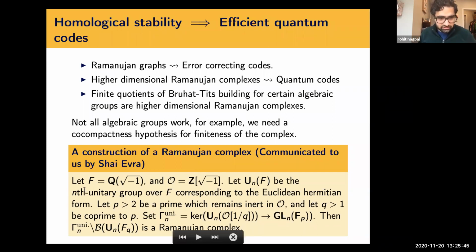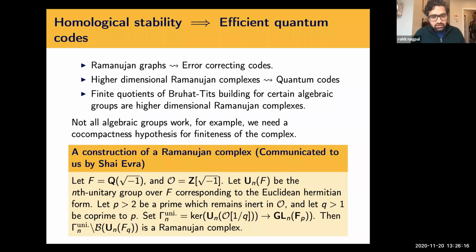So here is what you do to construct a specific Ramanujan complex. You take the field F, which is the field Q adjoin square root of -1, and let O be the ring of integers inside it, and let U_n(F) be the nth unitary group over F corresponding to the Euclidean Hermitian form. My Hermitian form is the one whose matrix is just the identity matrix, and of course the Hermitian involution is just coming from complex conjugation, right?